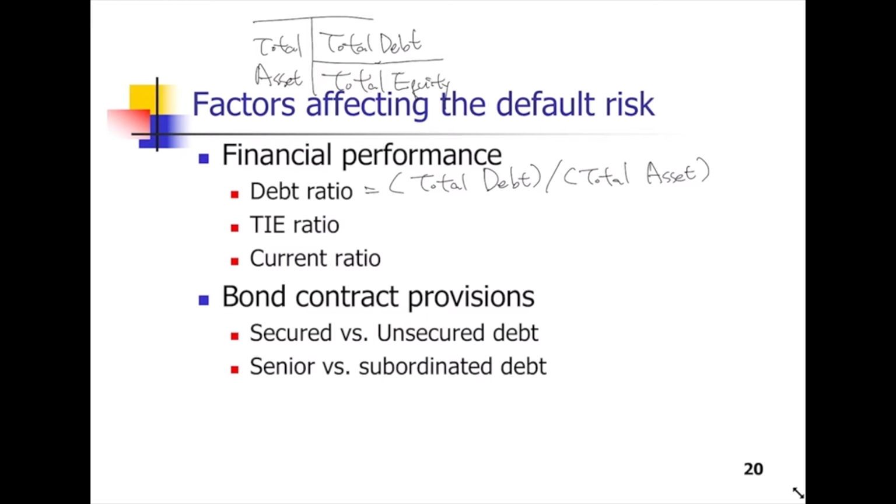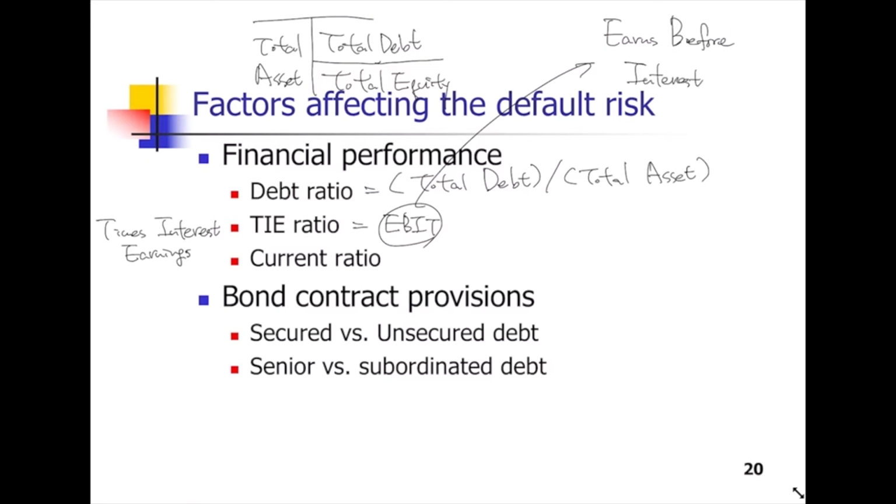And the second one is the TIE ratio. TIE stands for times interest earned. Earnings can be measured by EBIT. EBIT is an accounting term. It stands for earnings before interest and tax.